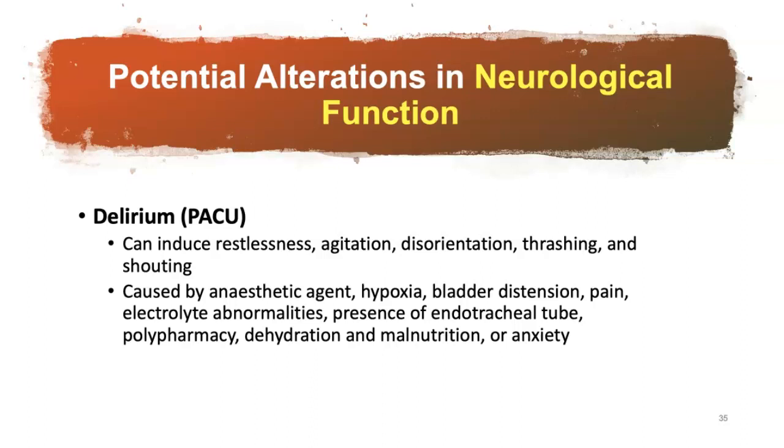Maybe the patient's had too many drugs. Maybe they've had an anesthetic. Maybe they've had something for nausea. Maybe they've had something for pain. Pre-op dehydration and malnutrition, or the patient's preoperative state of anxiety. So a lot of things can come into play with postoperative delirium in the PACU.